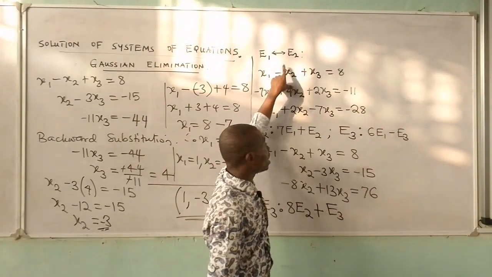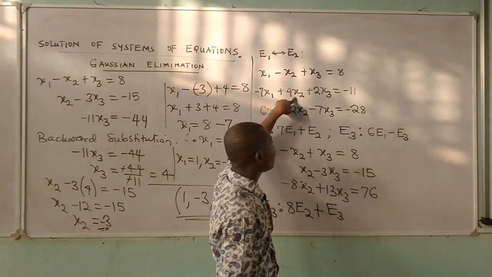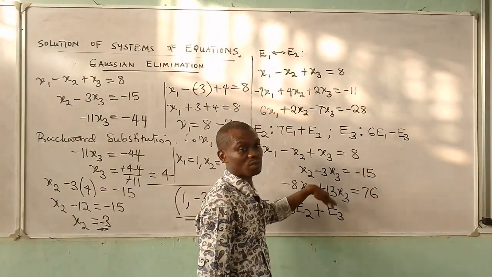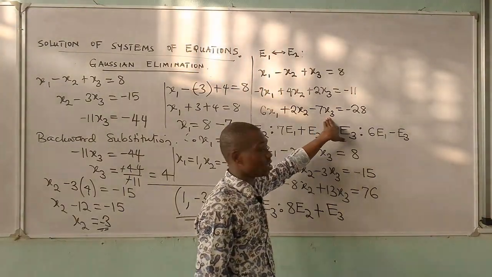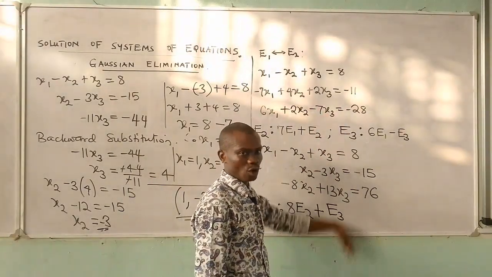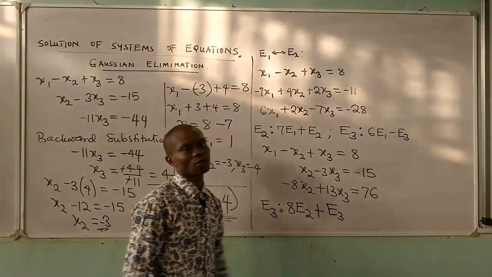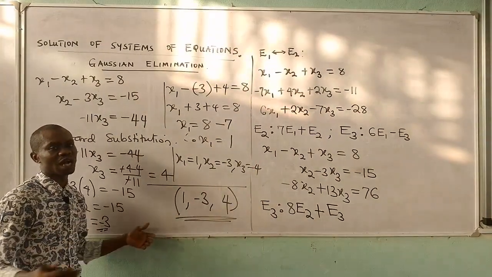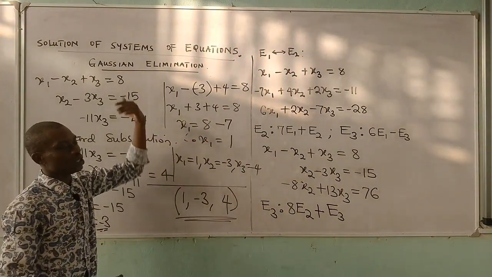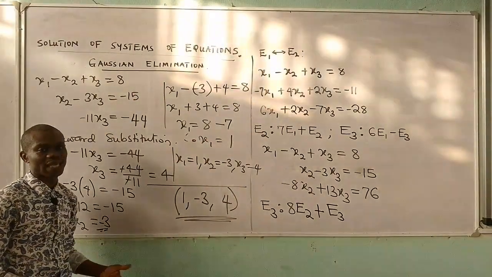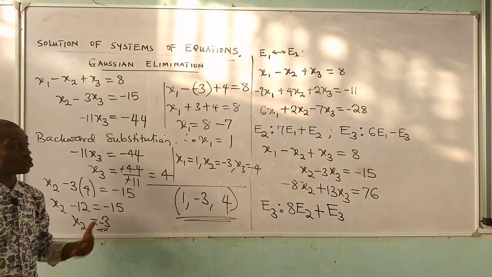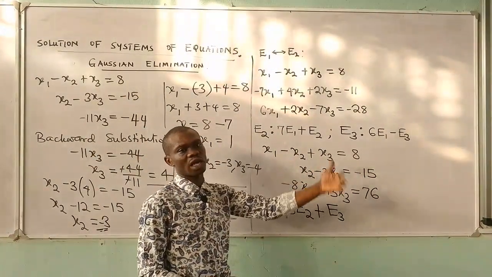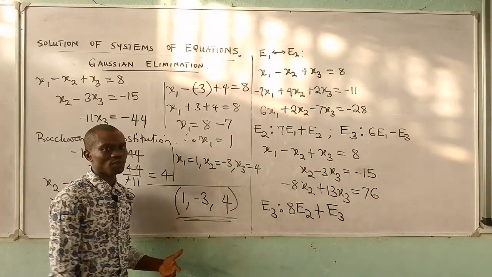In the second column, after the second equation, every other x2 below it should be eliminated. If there is an x3 under this other x3, you also eliminate. So once you are done, whatever you have is your triangular form. And then with that, you will be able to do a back substitution to get the solution for your x1, x2, x3 as the case may be.